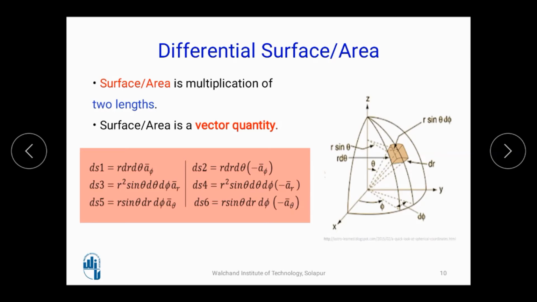The other surface I can write is the multiplication of dr into r sin theta d phi, that is r sin theta dr d phi. And the leftover unit vector: dr is there, d phi is there, what is not there is theta. So that is a theta. And the opposite surface of that will be minus a theta.